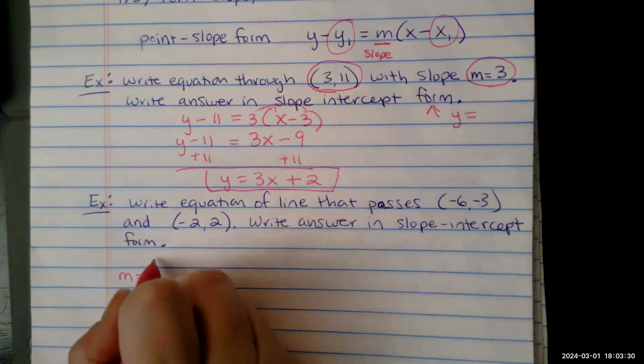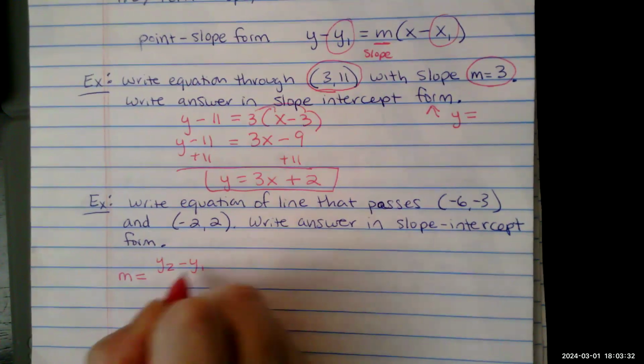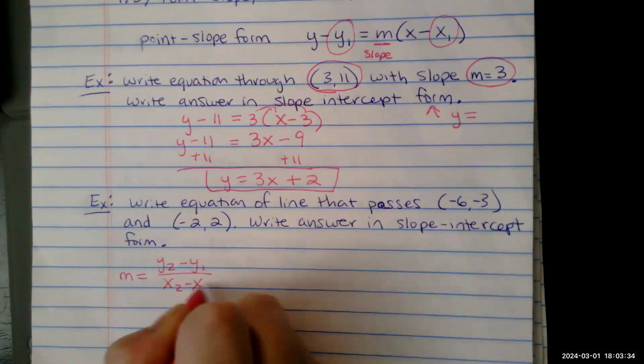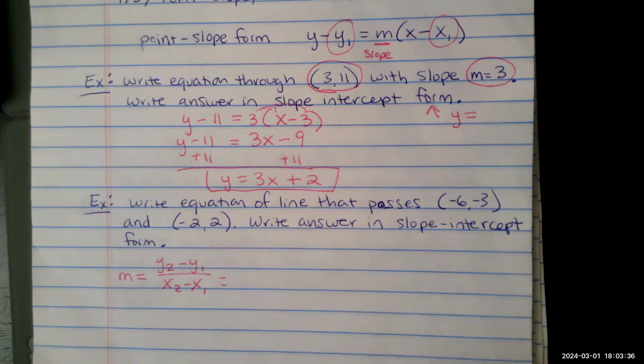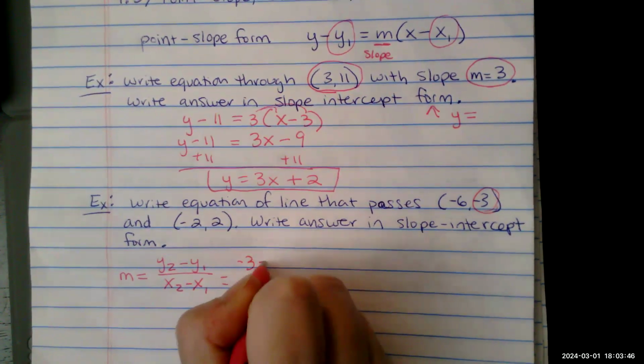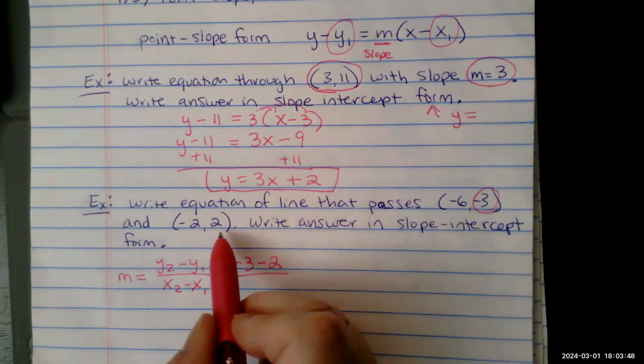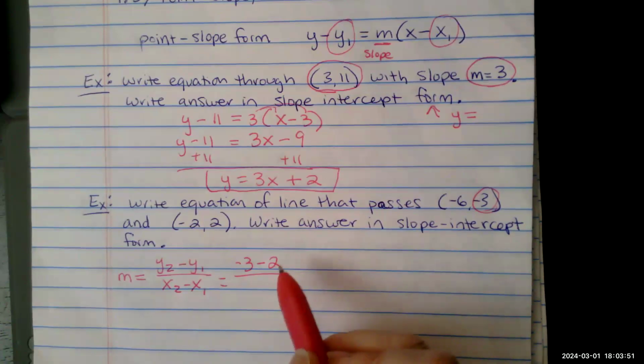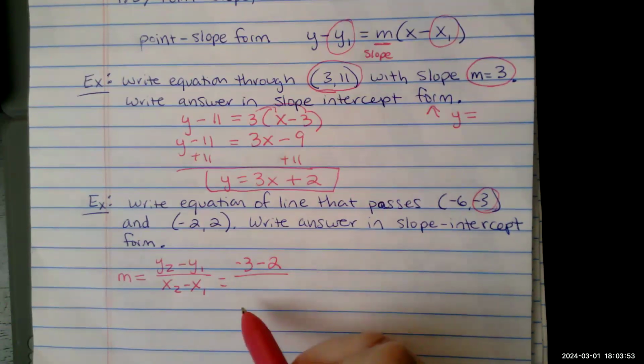So remember the slope formula is this, and all that means is subtract the 2 y's on top and subtract the 2 x's on the bottom, and just make sure you do it in the same order. So I'm going to go ahead and start with this -3 on top. If you start with 2, that's fine also, but you just need to make sure you start with the same point on the bottom.